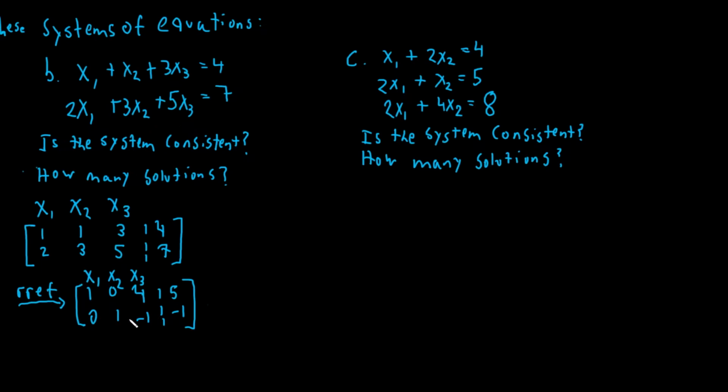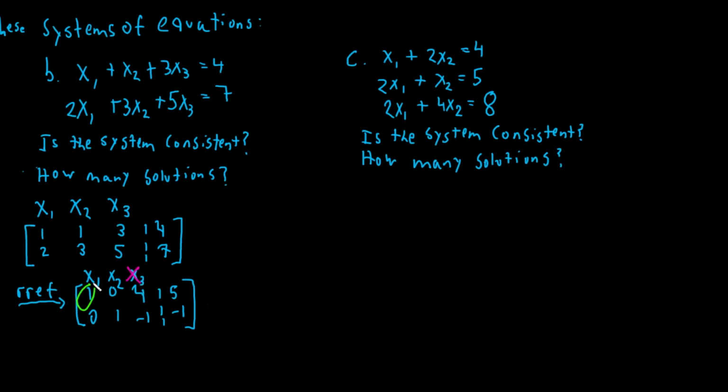To determine whether this system has infinite solutions or no solutions, we can go down the columns of each variable and see whether it has a leading one or not. So the column for x1 has a leading one, because this is the first non-zero term in this row. The column for x2 has a leading one, because this one is the first non-zero term in this row, but the column for x3 doesn't have a leading one.